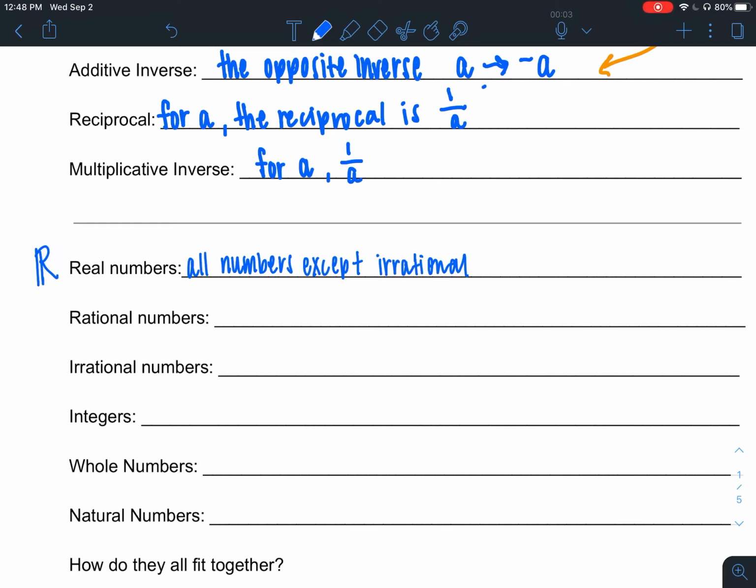Rational numbers can be written as fractions, terminating decimals, or repeating decimals.